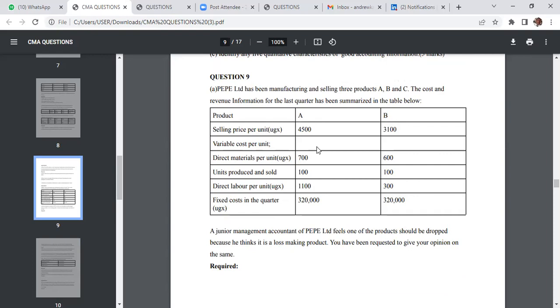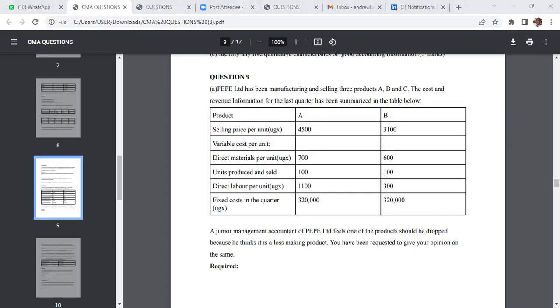So they didn't give us C, they gave us A and B. They're saying that a junior management accountant of Pepe Limited thinks one of the products should be dropped, and he thinks it is a loss-making product. So you have been requested to give your opinion on the same. So we're going to have these two products and then make a decision accordingly. I hope you're seeing the question.